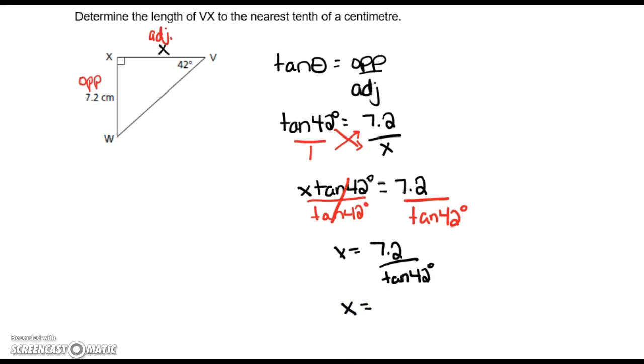Our very last step is that we can throw this into our calculator. Just as a quick reminder, when we're working with the tan ratio, or really any of our primary trigonometric ratios that we're going to learn in this chapter, you have to make sure your calculator is in degrees.